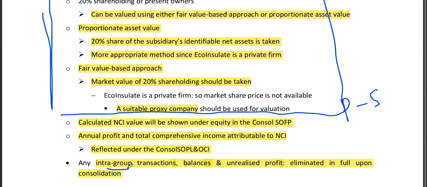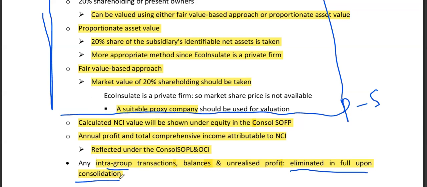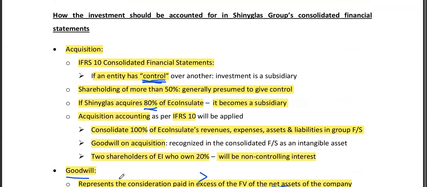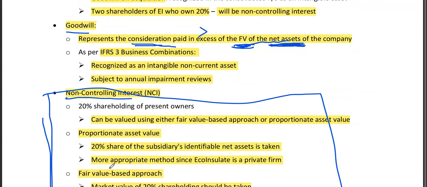And any such transactions, balances, or any unrealized profit from the perspective of the group must be removed or eliminated from the consolidation, because it's still within the group, and we do not account for such internal revenues and expenses in the group accounts. So that's about it, and please make sure that you focus on the separate elements here, especially goodwill and non-controlling interest in more detail, because these could be separate questions.